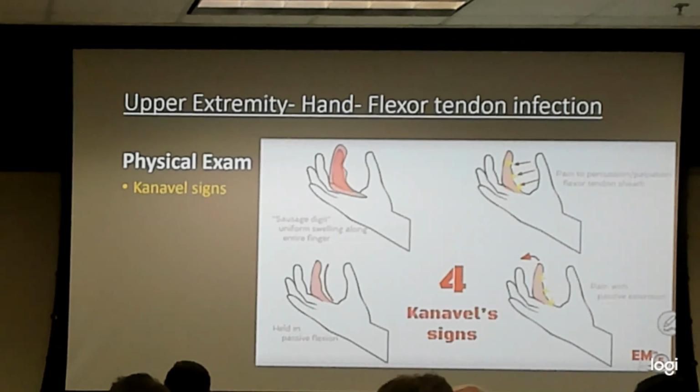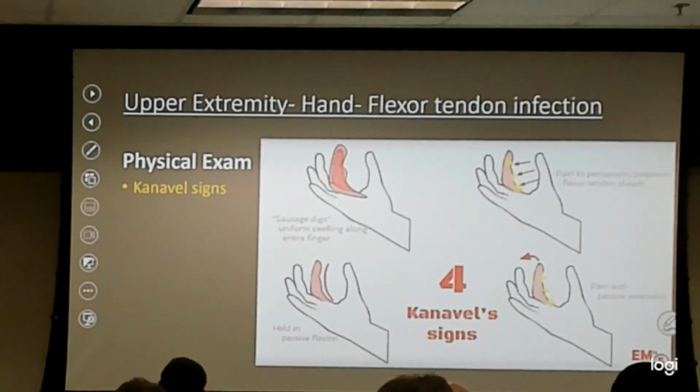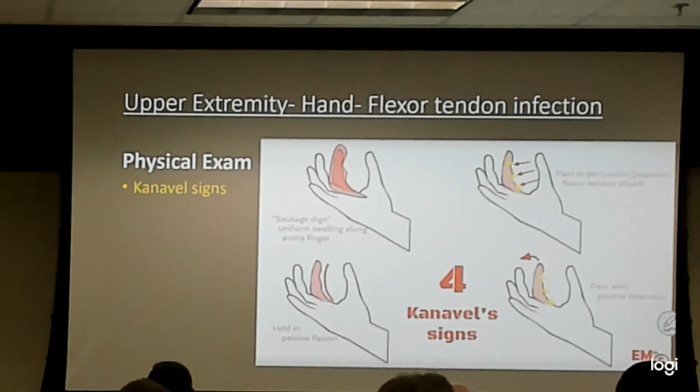It has to do with what you're examining. There's not really a rule that you need 3 of them, it's not the Centor criteria where you have 3 of them and you get your diagnosis. If you have, especially, the sausage digit plus one of the others, you're probably there.